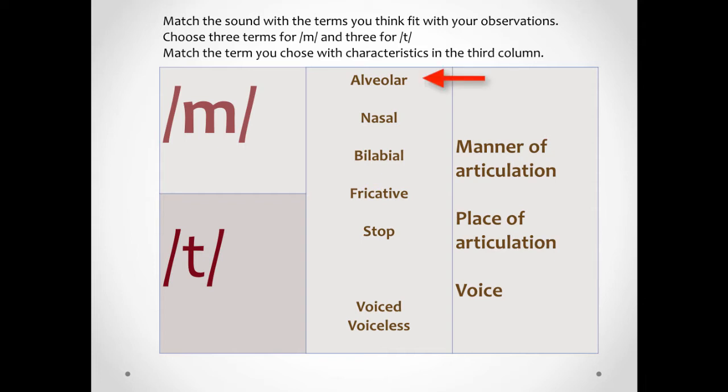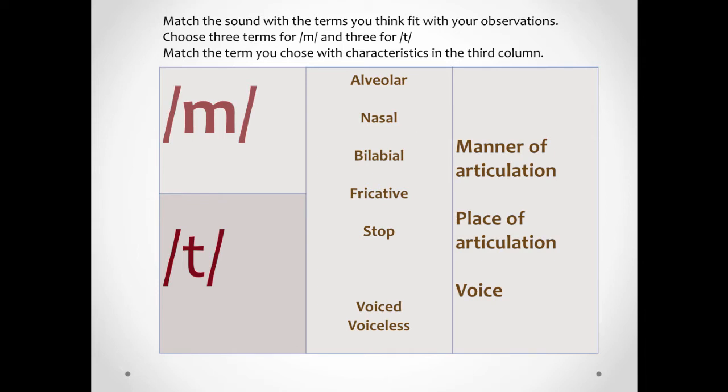So do we call it alveolar, nasal, bilabial, fricative, stop? It uses two lips, so it's bilabial. But do you remember when you closed your nostrils and you couldn't pronounce the m anymore? Well, that makes it nasal.